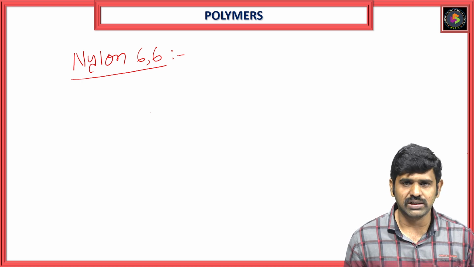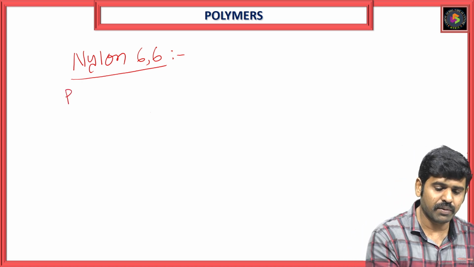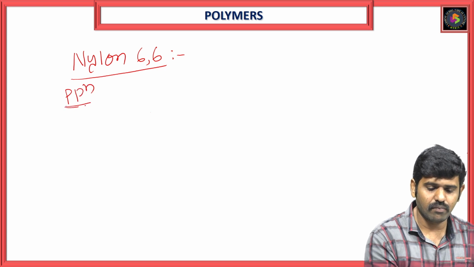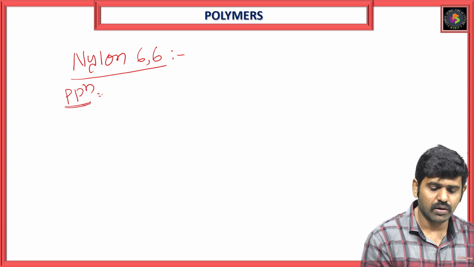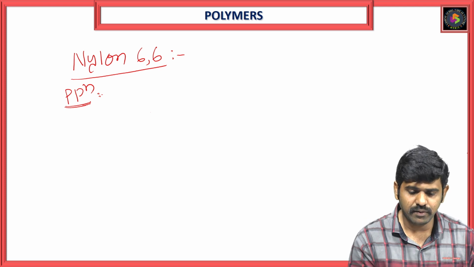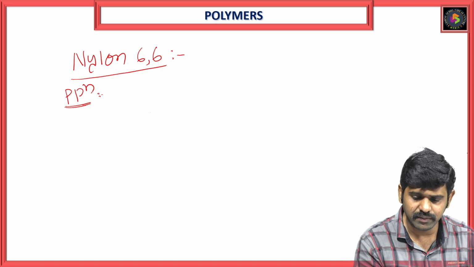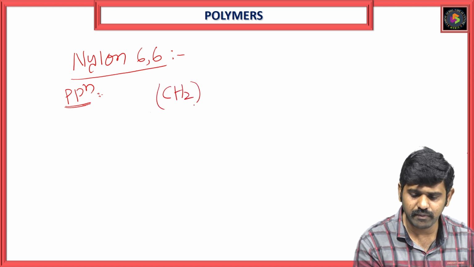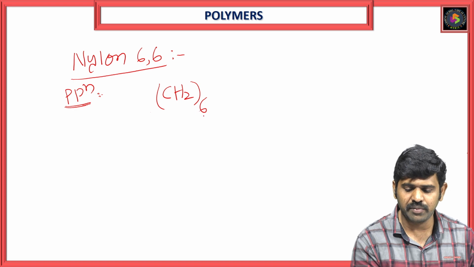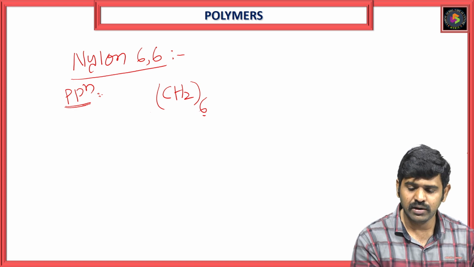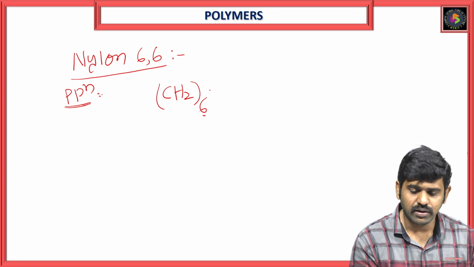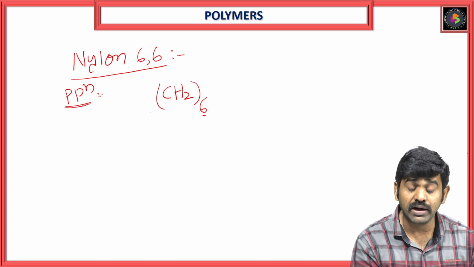Now the preparation of nylon 6,6. It is prepared by condensing hexamethylene tetramine, right? Hexa means 6 carbons, methylene, it is formed hexamethylene diamine.